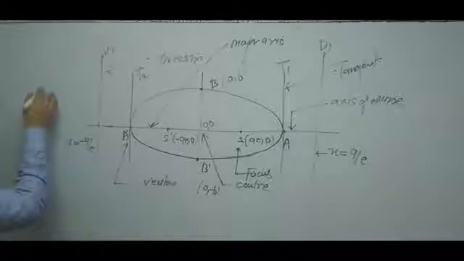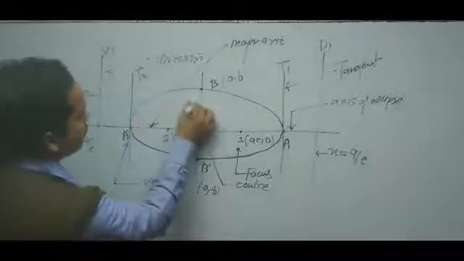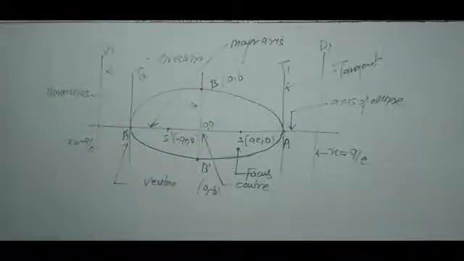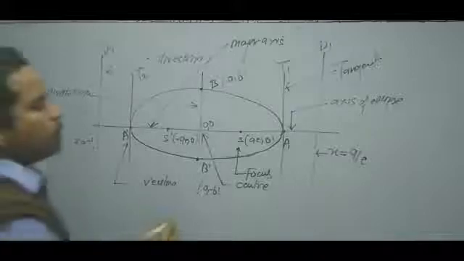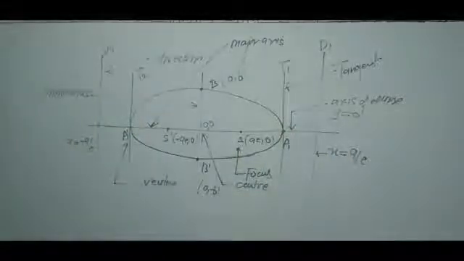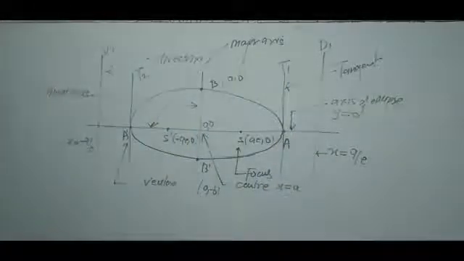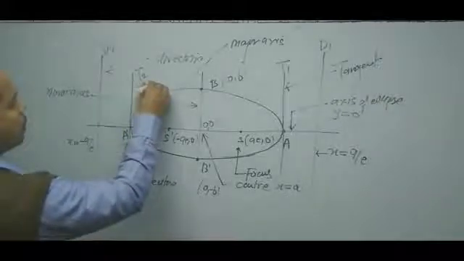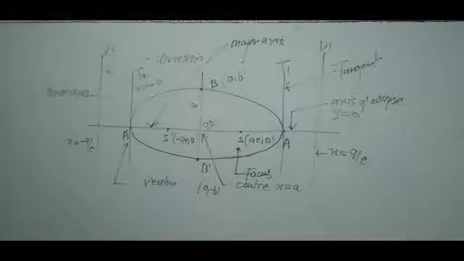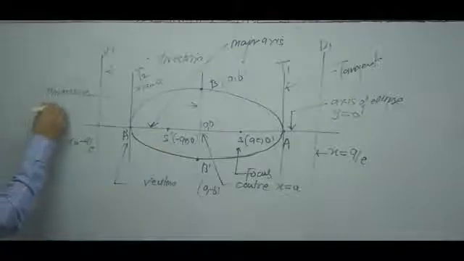So I am writing minor axis here. Its equation is y equals 0. This T1 equation is x equals a. This T2 equation is x equals minus a. And the minor axis equation is x equals 0.